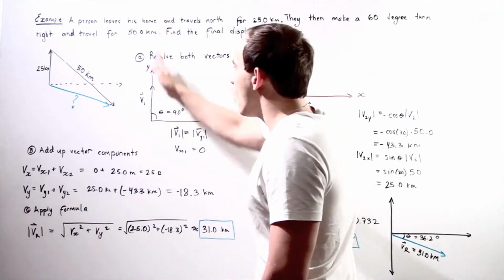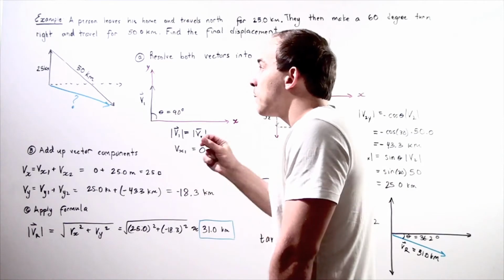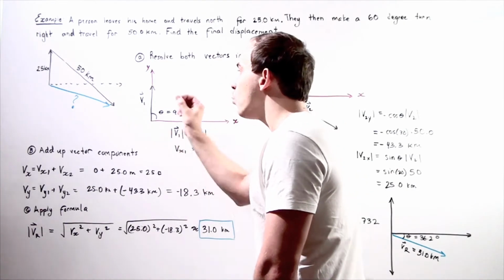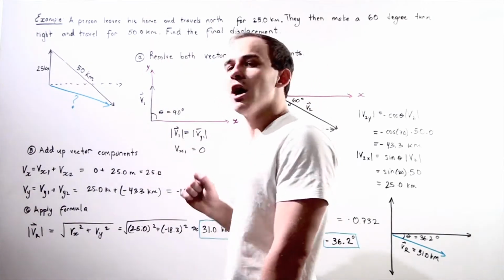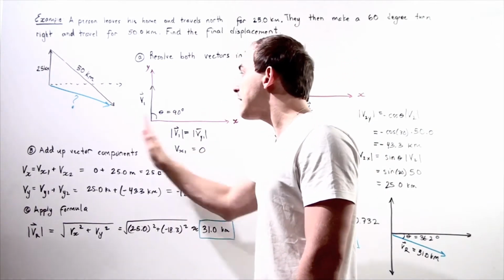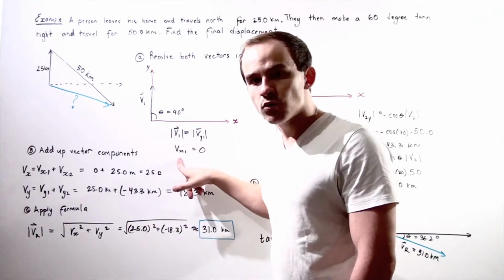So here we have the y-axis and the x-axis. Notice that our person is traveling strictly along our y-axis. V1 goes along our y-axis. That means since the person doesn't move left or right, our x component is 0.